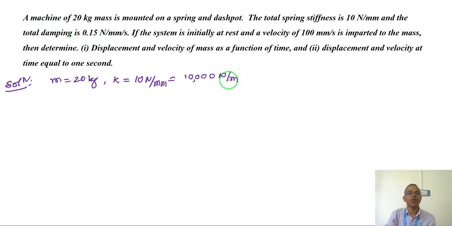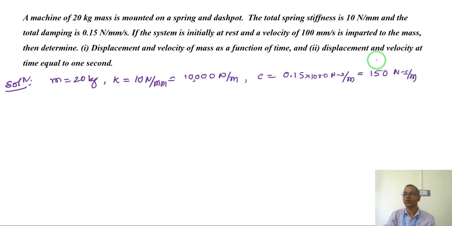And the total damping, which is C, is 0.15 Newton per millimeter per second. I want it in Newton second per meter, so into 1000 gives me 150 Newton second per meter.